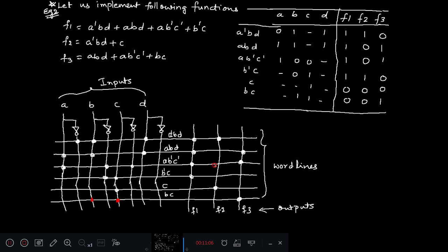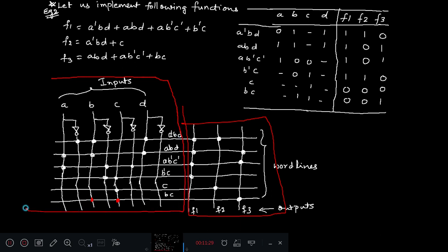And then there are 3 functions F1, F2, F3 we need to implement. For F1 implementation, again you are making vertical connections. This represents an OR array, and this represents an AND array.